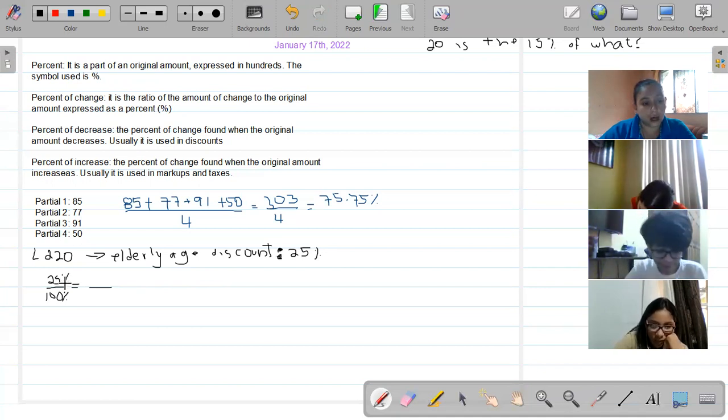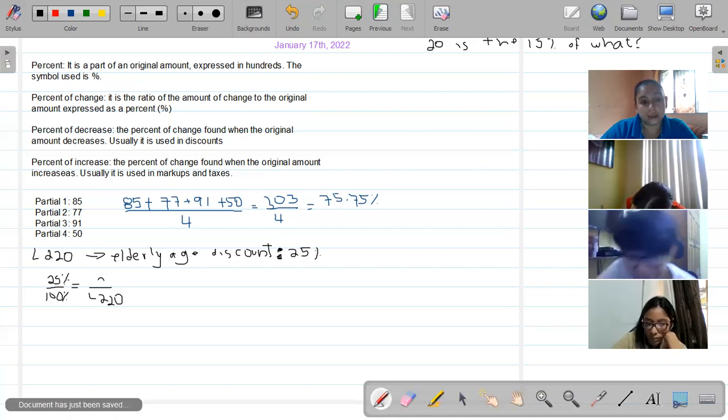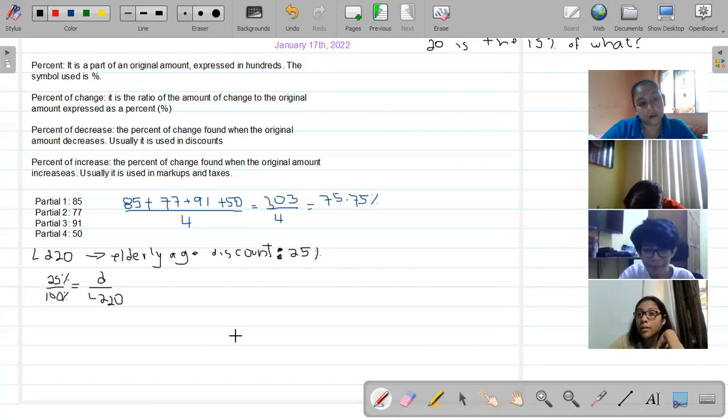What is the total amount of money that the movie theater cost? 220. So we're going to place the total with the total. 100% is the total. 220 is the total. And we're going to find how much is the discount of the 25%. Since I don't know, I'm using a variable. I'm going to use a variable D for discount.